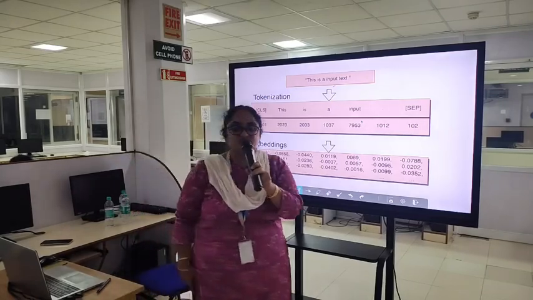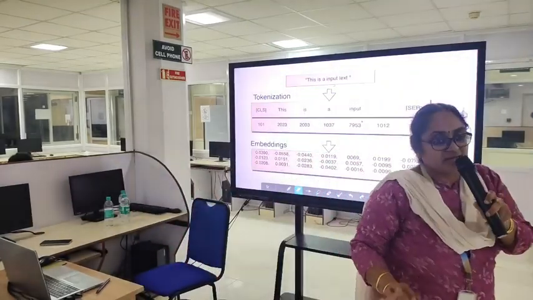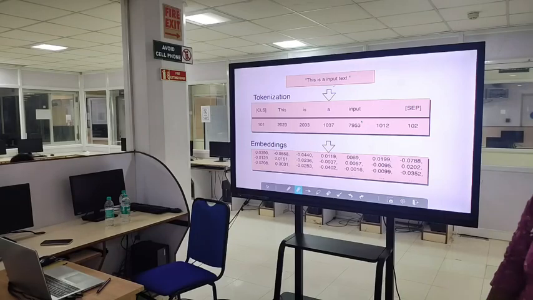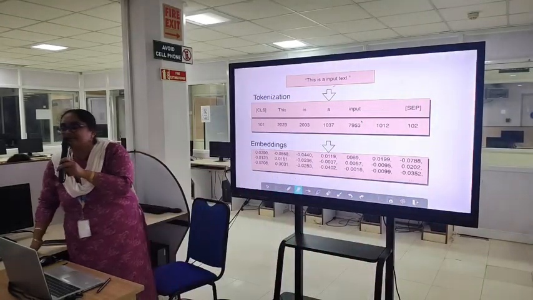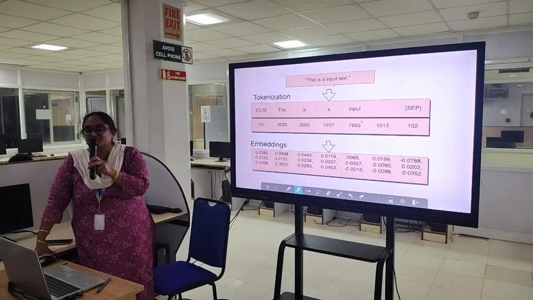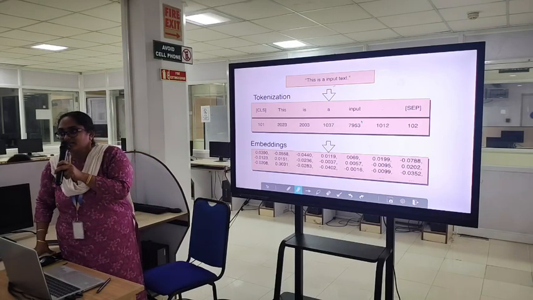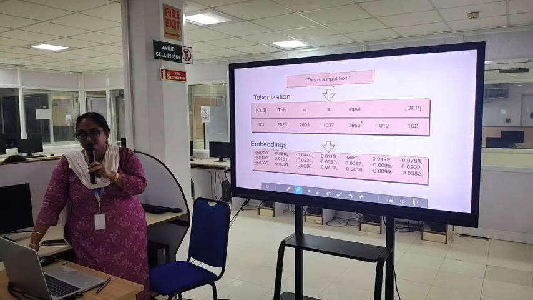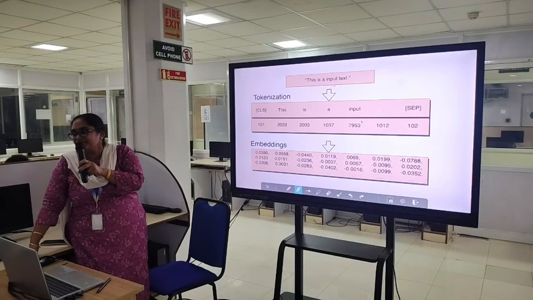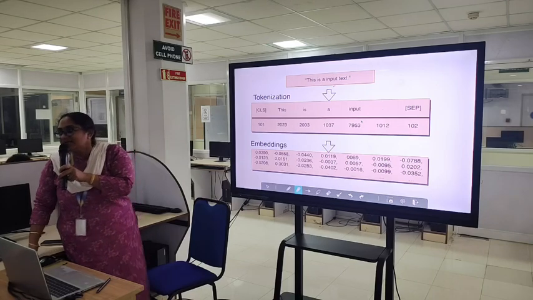Transformers. So this is very important in the current scenario, because see what is Gen AI, ChatGPT and all. What is the basic architecture of ChatGPT? It's a transformer, right? What is GPT? Please expand GPT.